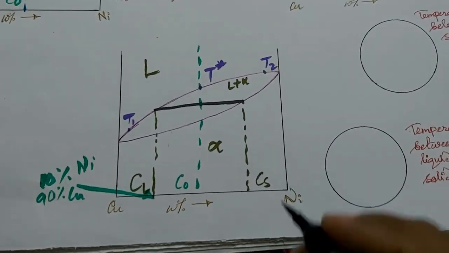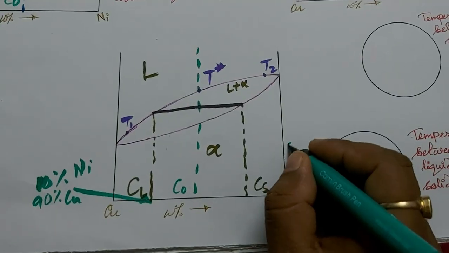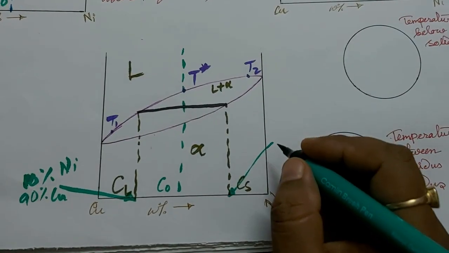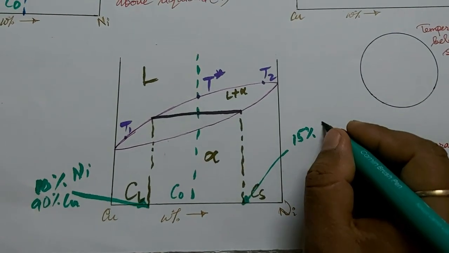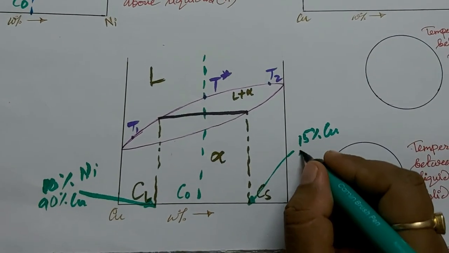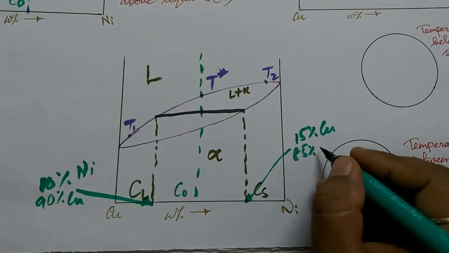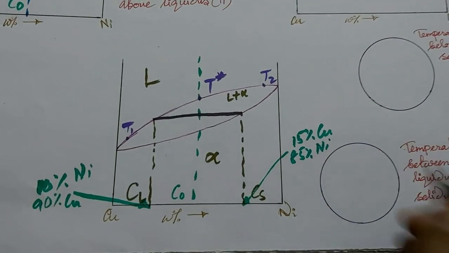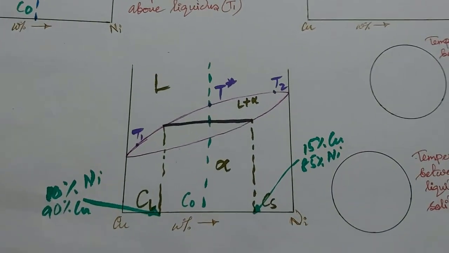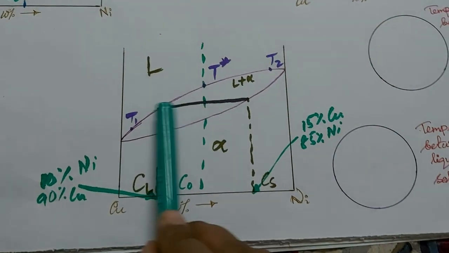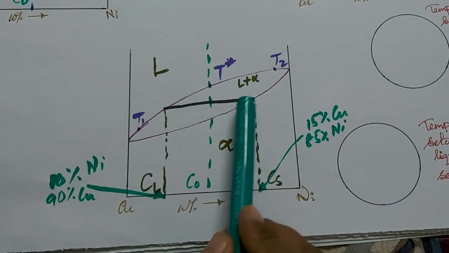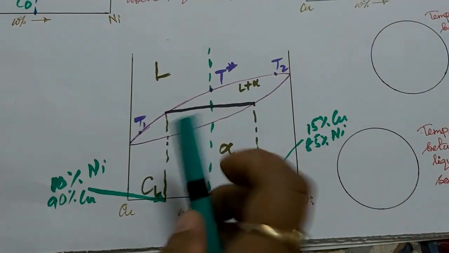And at this point we have 15% of copper and 85% of nickel. So this one is one tie line where the temperature is constant, and we are taking this point.